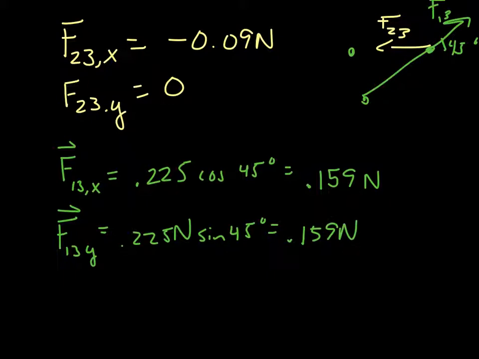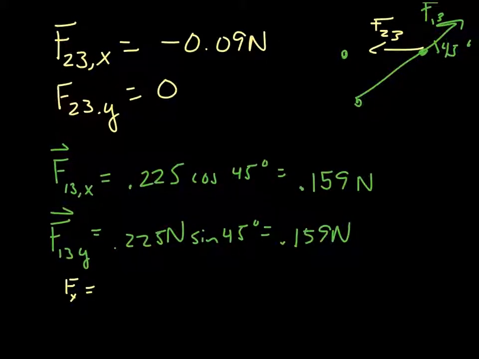So now all that's left is to find your total force. So your total force in the x direction, add your x components. So you get F of x is equal to minus 0.09 newtons. This is from this charge number 2.